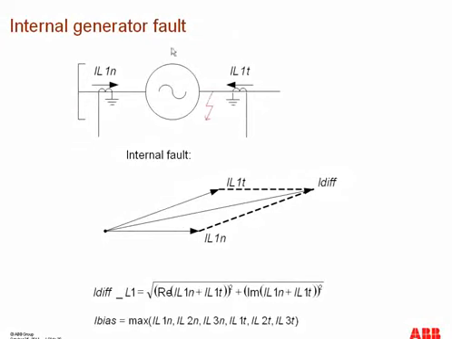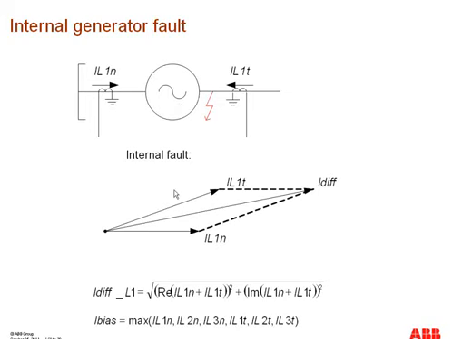As you can see over here, if the fault is internal, then the neutral side current as well as the terminal side current will flow inward towards the protected object.